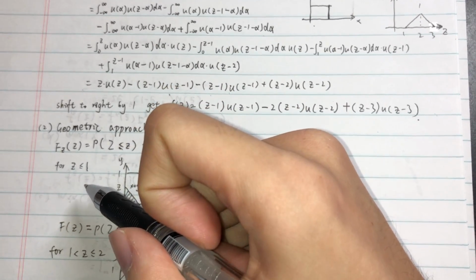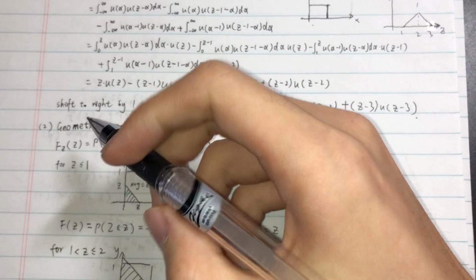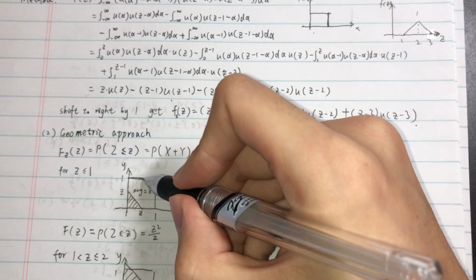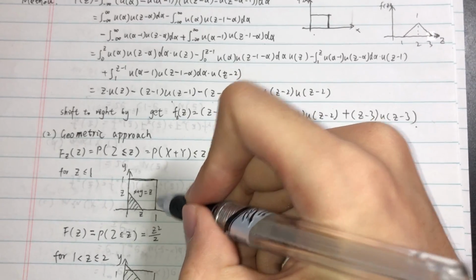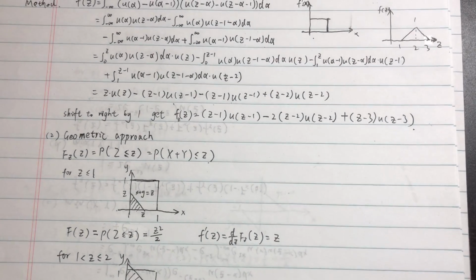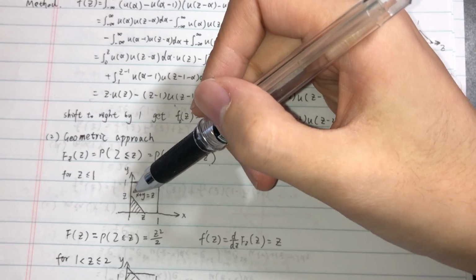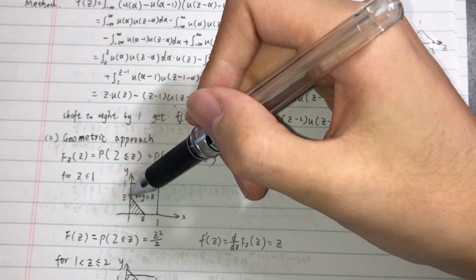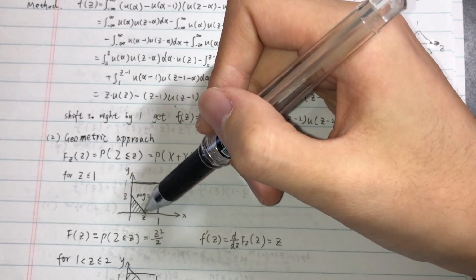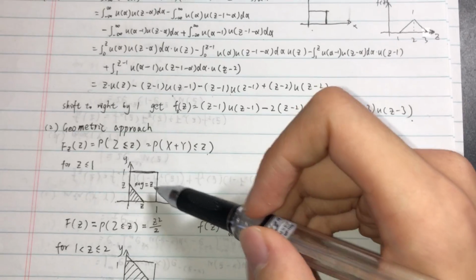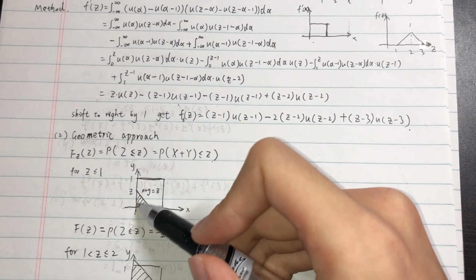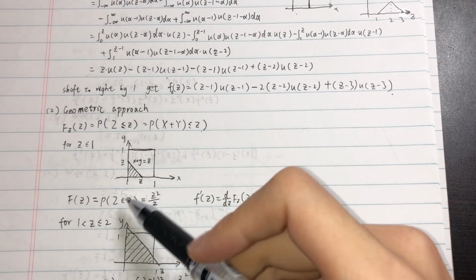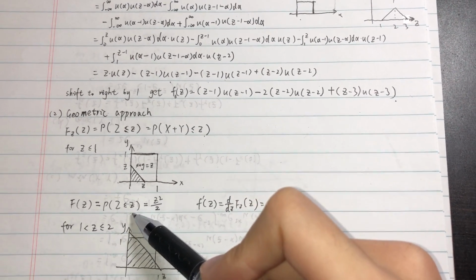For z less than or equal to 1, we can draw this diagram. This is the unit square, and this line represents the function x plus y equal to z. The shaded area is the probability of capital Z less than z.